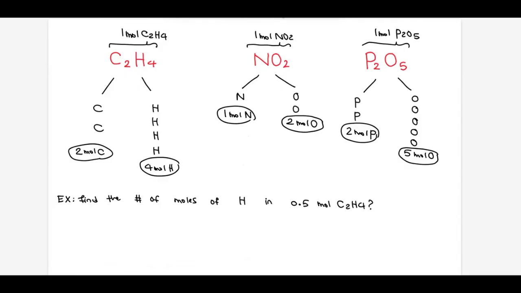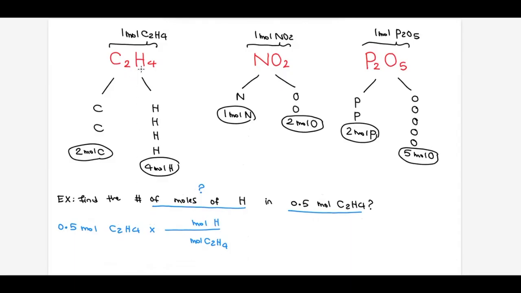One way you can answer this is to use unit conversion. You start with what the question has given you, which is 0.5 moles of C2H4. Your next step is to cancel the moles of C2H4, so moles of C2H4 has to go at the bottom. Then you're interested in finding the number of moles of hydrogen, so that's our question mark.